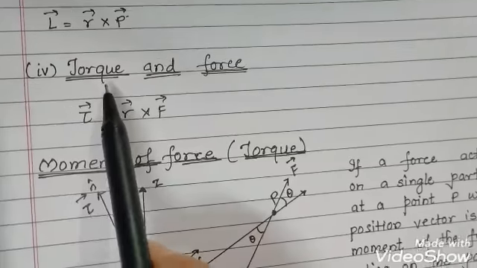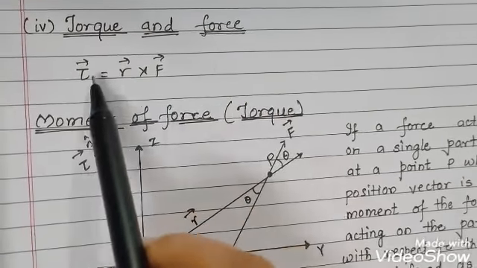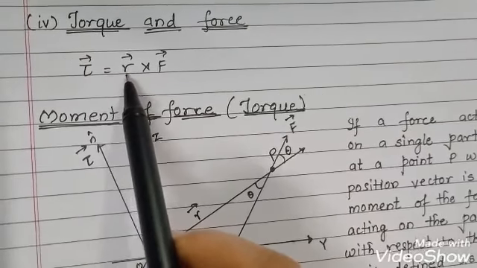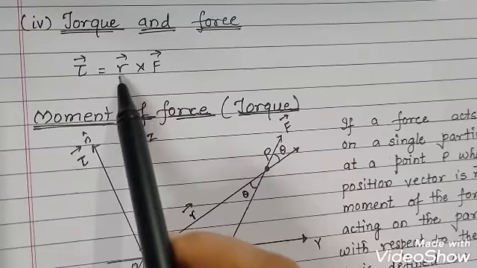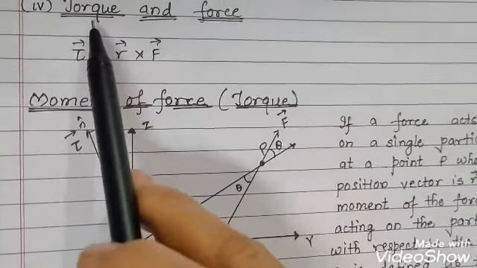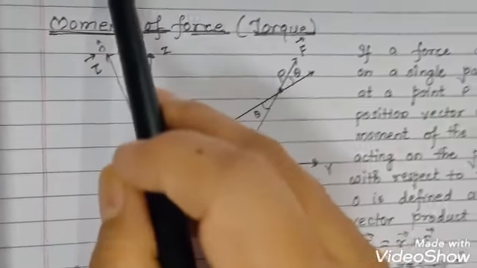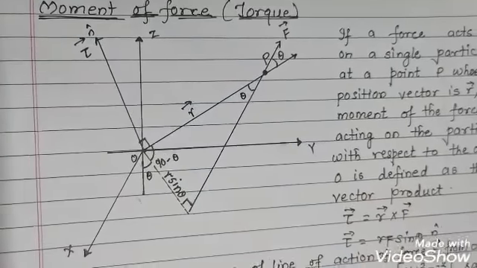And the torque, this is also a new physical quantity: the torque is equal to the cross product of the radius and the force. So we'll learn about the torque here first, which is also called the moment of force.